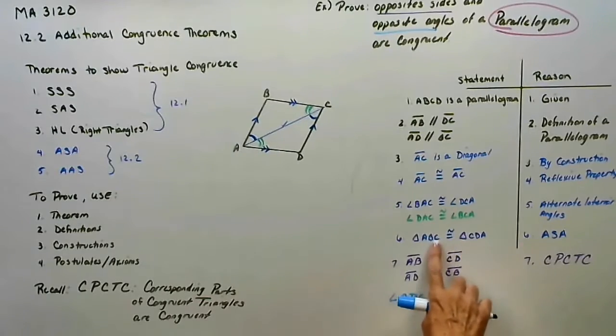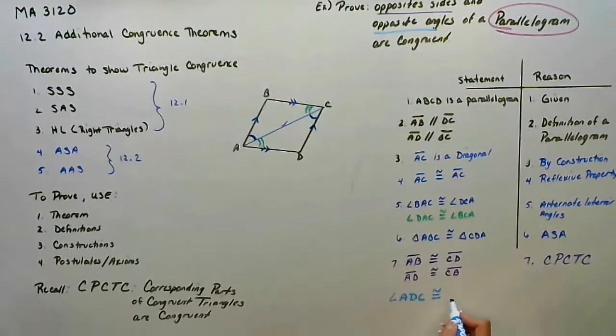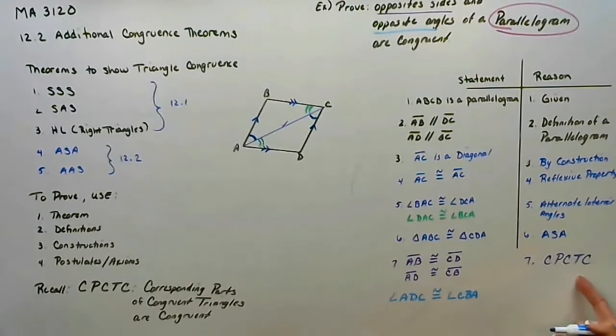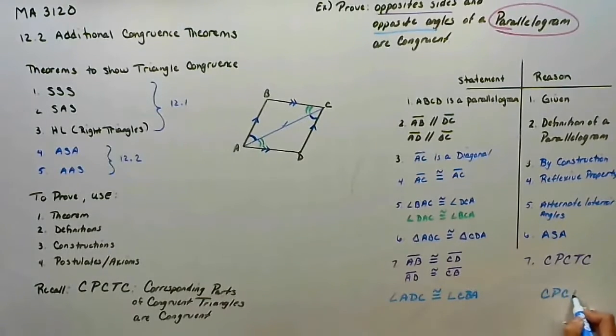ADC would have to be CBA. And again, corresponding parts of congruent triangles are congruent. So I have now shown that the opposite sides are congruent, and that the opposite angles are congruent.